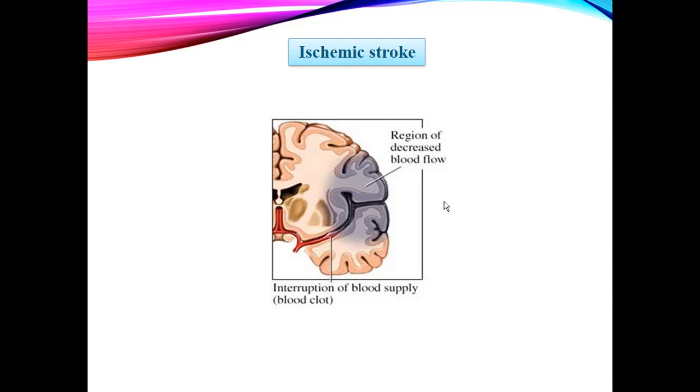Brain vascular involvement results in a stroke. The strokes are classified into two categories: the ischemic stroke and the hemorrhagic stroke. An ischemic stroke occurs after occlusion of an artery.